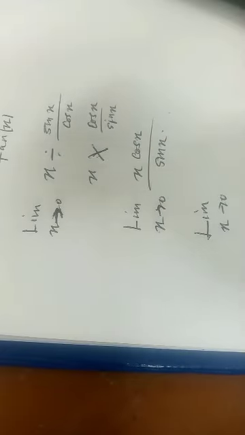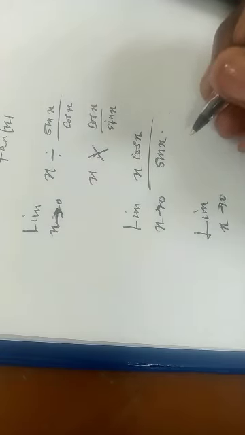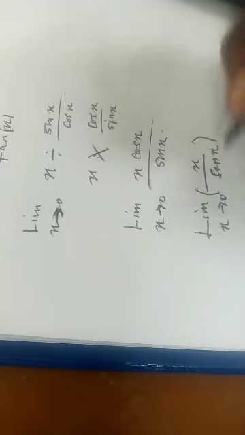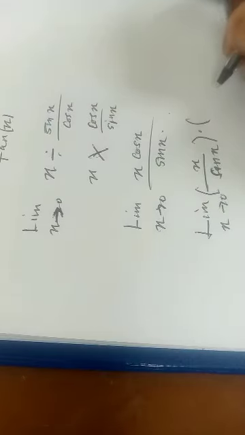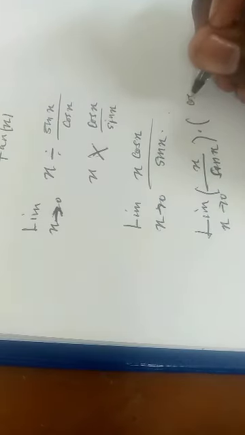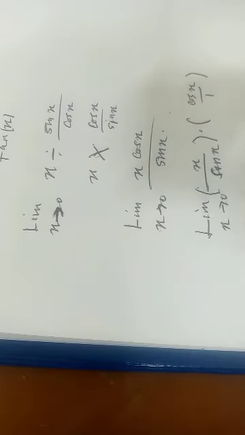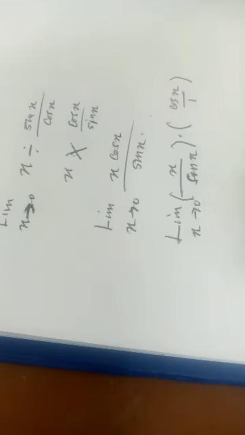Make sure, I repeat, make sure that you let x over sine x be alone, like that. You put a dot, you open the bracket, and you say cos x over 1 as well, so it becomes independent. When you make these independent functions, you have this part and that part.